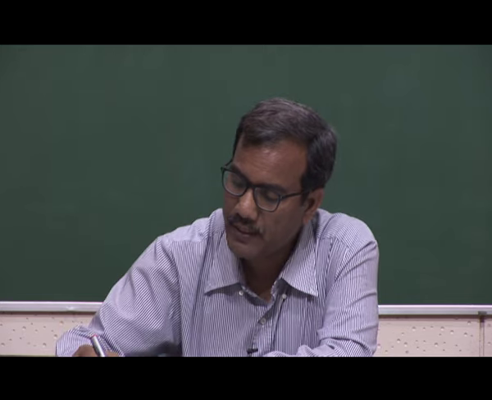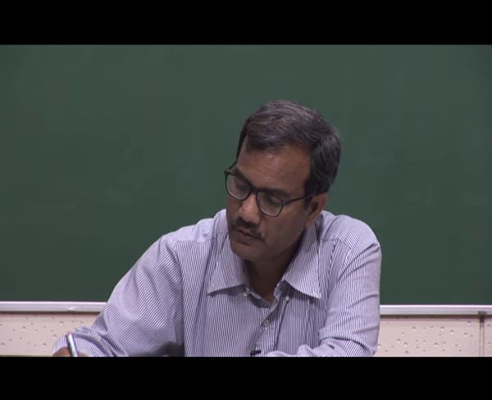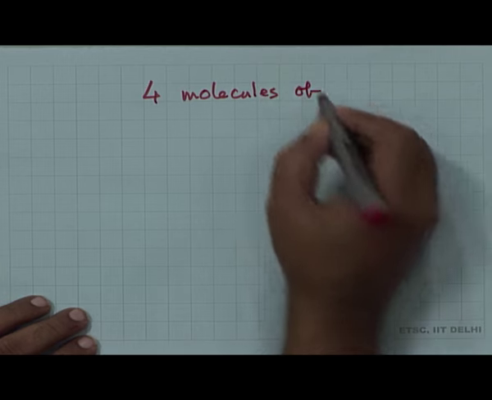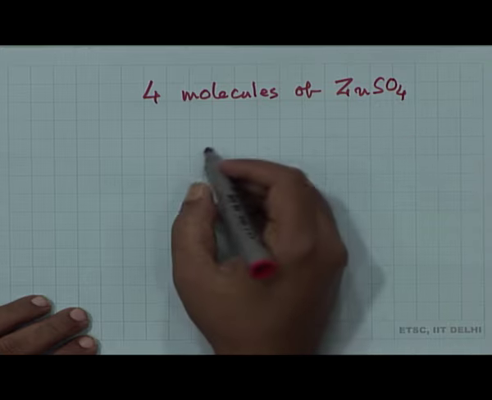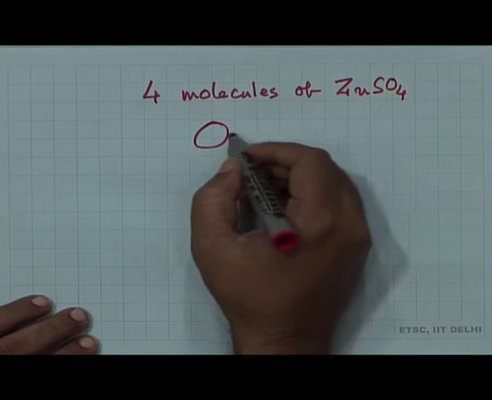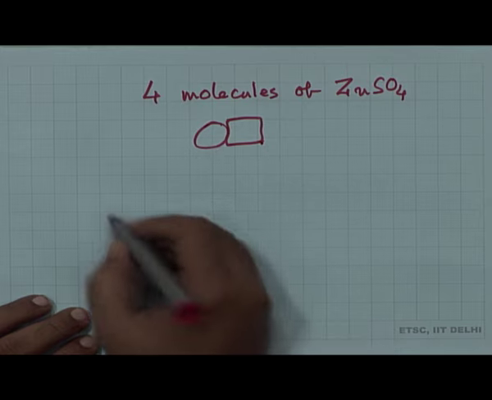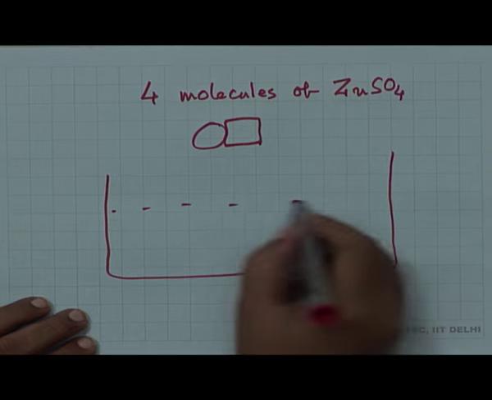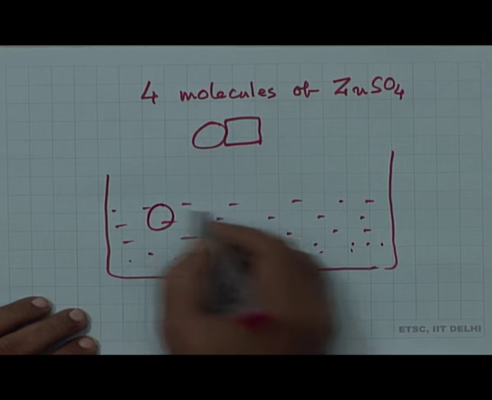For example, if I take 4 molecules of zinc sulphate, which is a strong electrolyte, zinc and then sulphate ion, and put this into a beaker with water solution, almost all will dissociate.